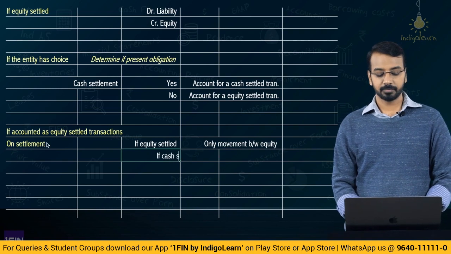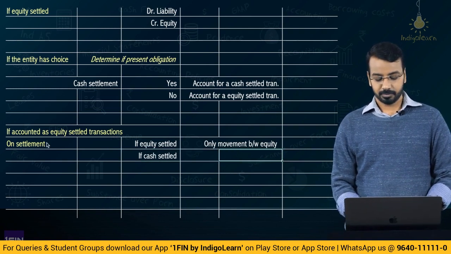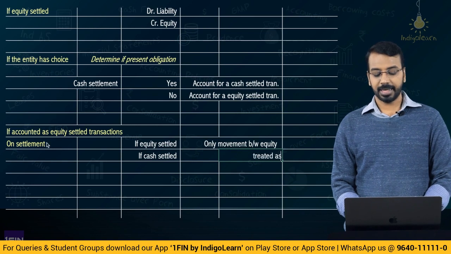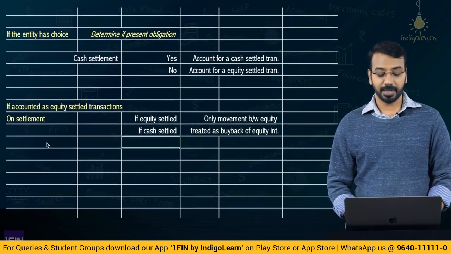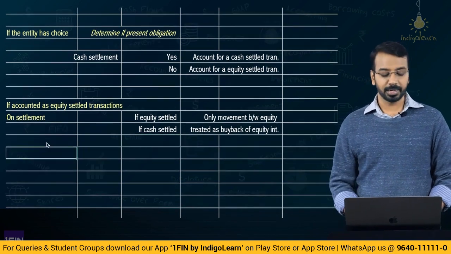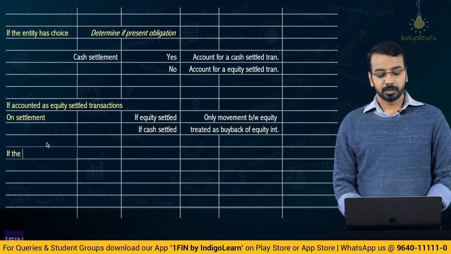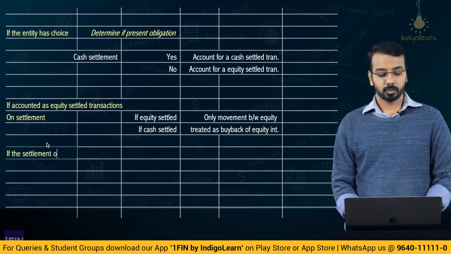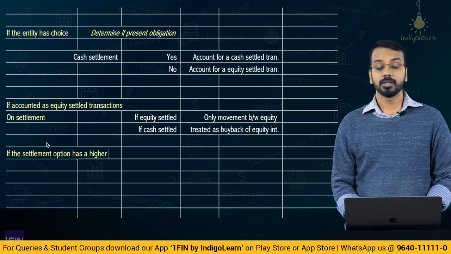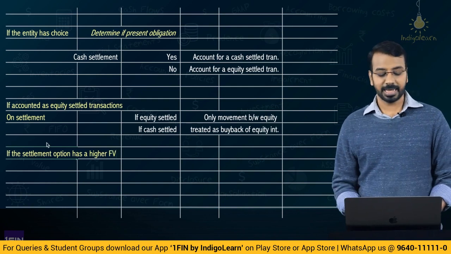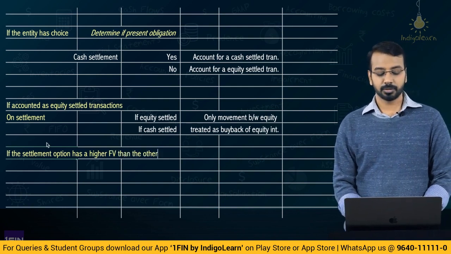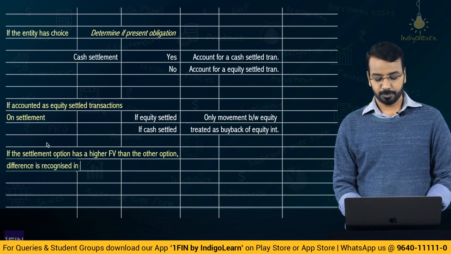If cash settled, then it is treated as buyback of equity interest. Then the most important thing that you need to keep in mind is, if the settlement option has a higher fair value than the other option, then the difference is recognized in P&L as expense.